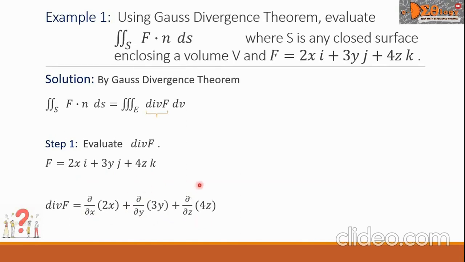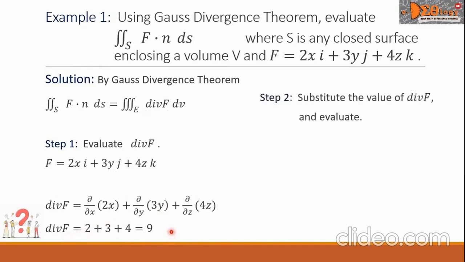Evaluating the partial derivatives respectively, we have now 2 plus 3 plus 4. So the sum here is 9.